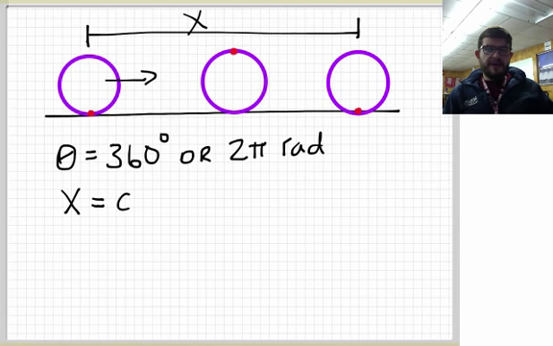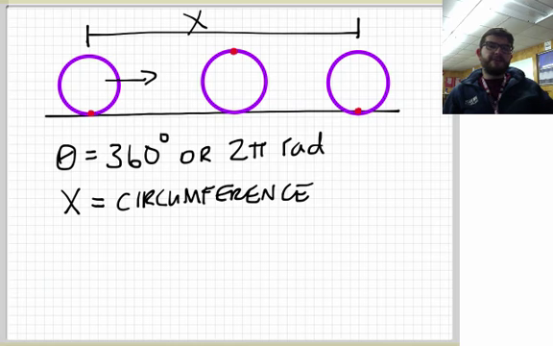And so the distance it's traveled is just the circumference of that ball or that hoop or that disc or whatever it is. And if you recall from geometry, the circumference of a circle is 2 pi times the radius of that circle.